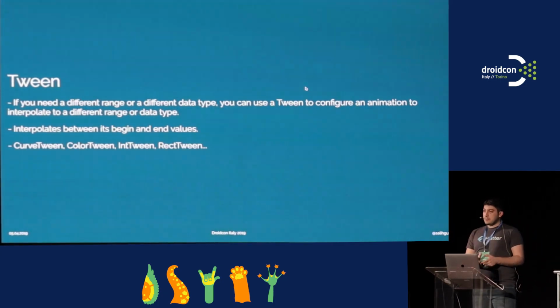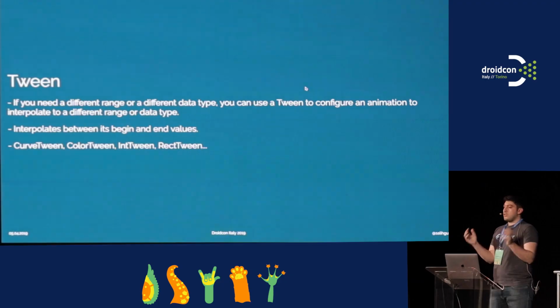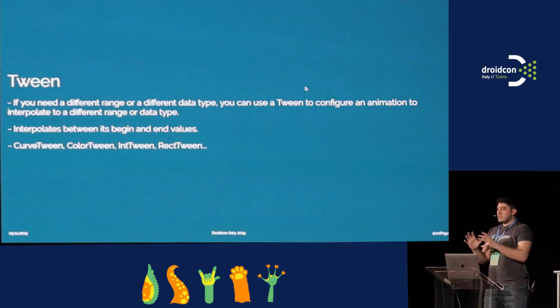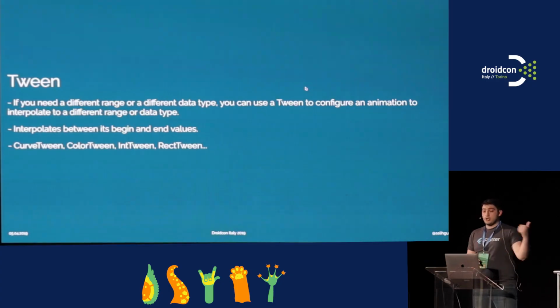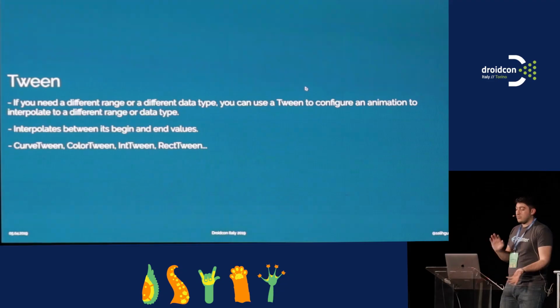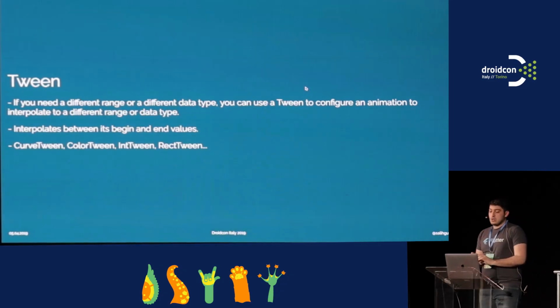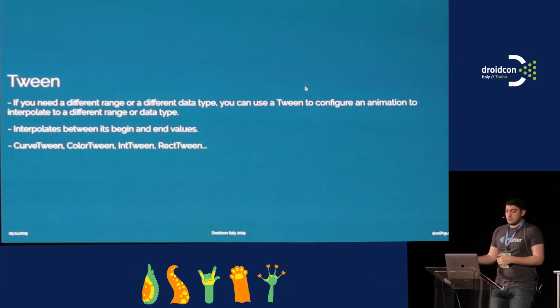But the good thing about tween is you can either create your own custom tween class to interpolate between two values, or you can use out-of-the-box tween classes that have been provided to you, like curve tween, color tween, int tween, rect tween, etc. So you can basically give a beginning and an end value as the object types that you create, and you will be good to go.